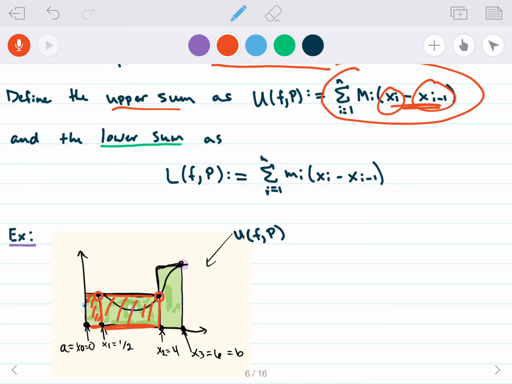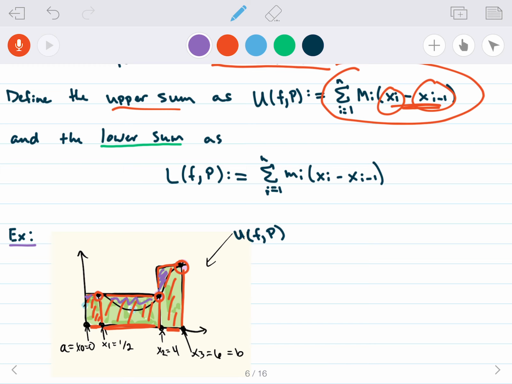And then finally, for n equals 3, that's the last one here, I have x3 minus x2, that's going to be this width, times the height of the rectangle. So this is giving me my upper sum as the sum of these rectangles. And it is an overestimate because of the extra area up here that we're counting.